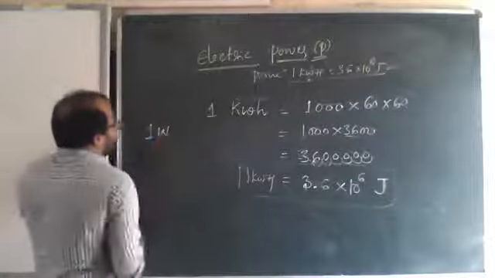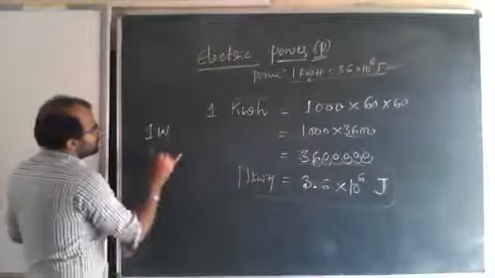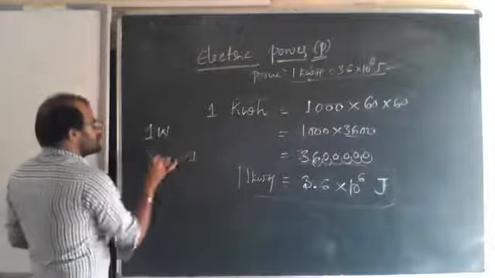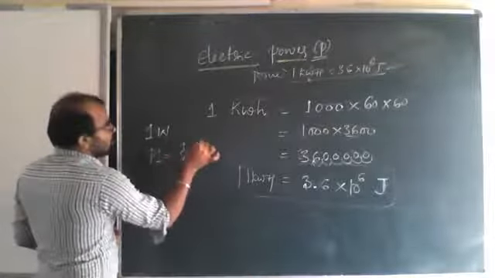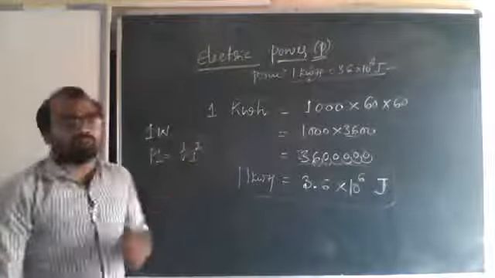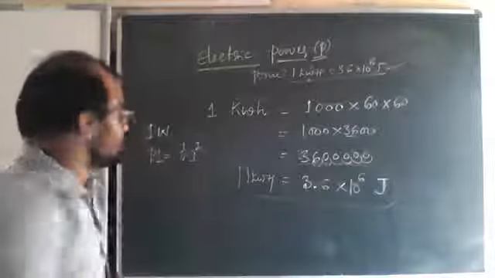Define 1 watt of power. P is equal to VI. This is 1 when both of them are 1.